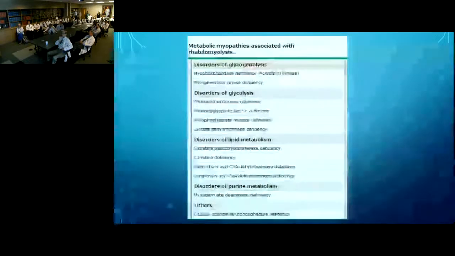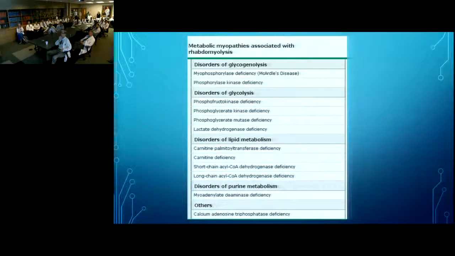One study looked at 77 cases of recurrent rhabdomyolysis and discovered that CPT2 deficiency was more common in frequency compared to McArdle disease, but those were the two major diagnoses that came out of that study.